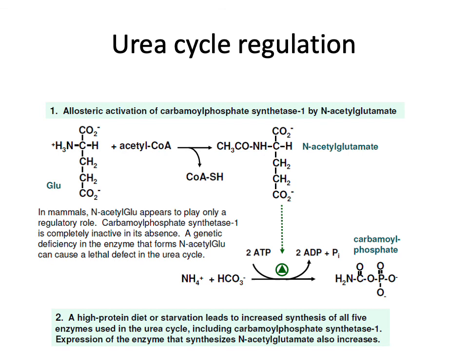As far as I know, this acetylglutamate has no other function than to regulate the formation of carbonyl phosphate. So that seems to be its sole purpose. However, without the presence of this molecule, the N-acetylglutamate, we get very little or no formation of carbonyl phosphate.